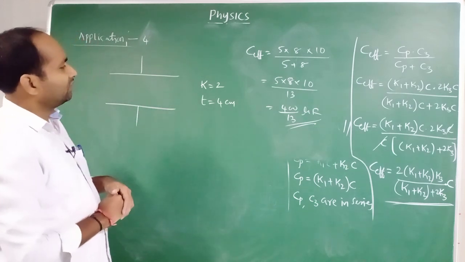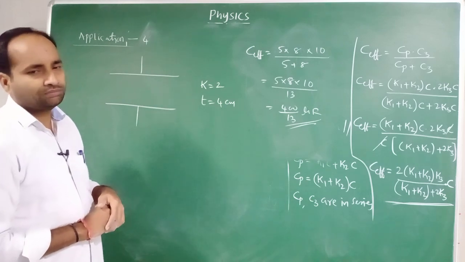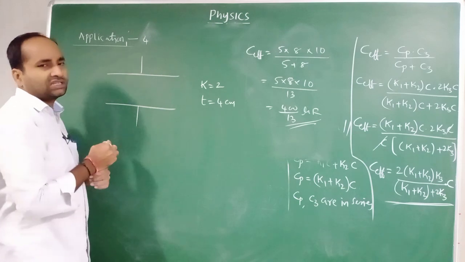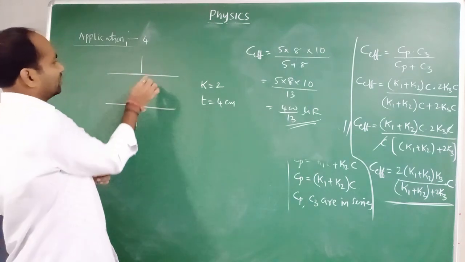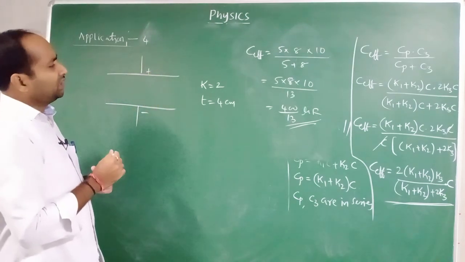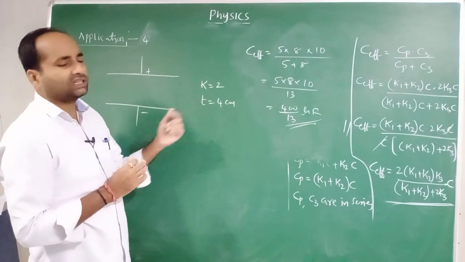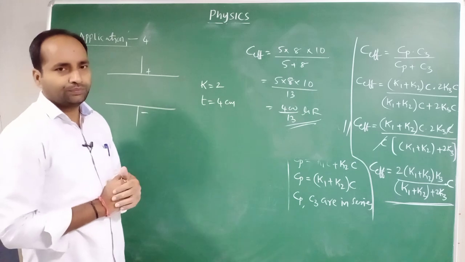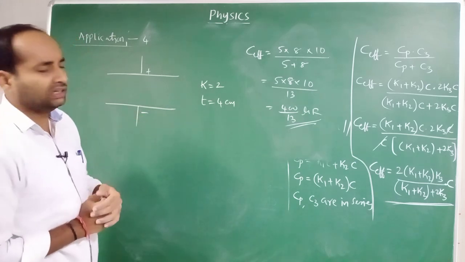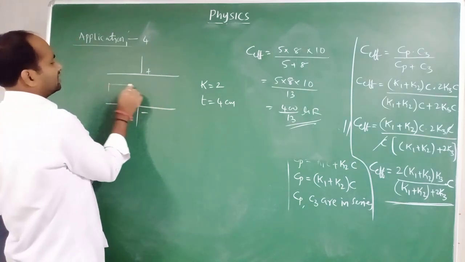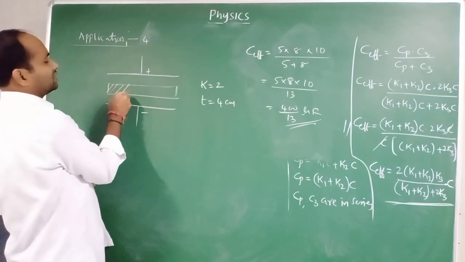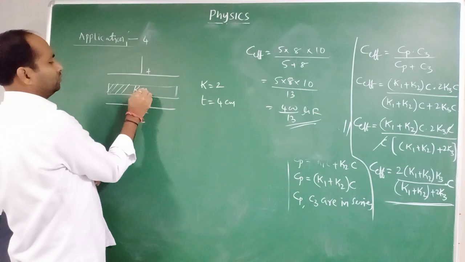We know that whenever we are introducing a dielectric slab, let us say the separation between the plates of the capacitor is 6 centimeters. But here we are introducing a dielectric slab of thickness 4 centimeter and dielectric constant K is equal to 2.